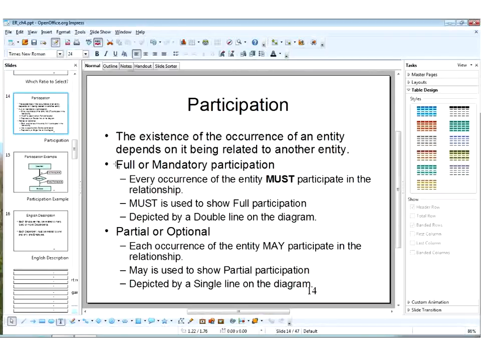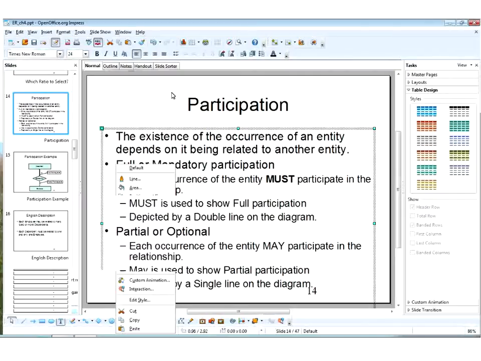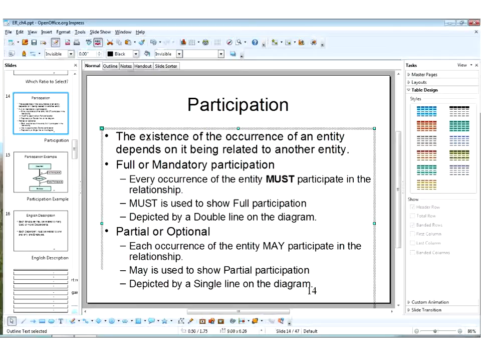Okay, so now we're at participation. If cardinality dealt with numbers, your whole number ratios, how many goes to how many, whether it's one or more, participation is your optionality on a relationship. It's whether or not a particular entity has to participate in a relationship.